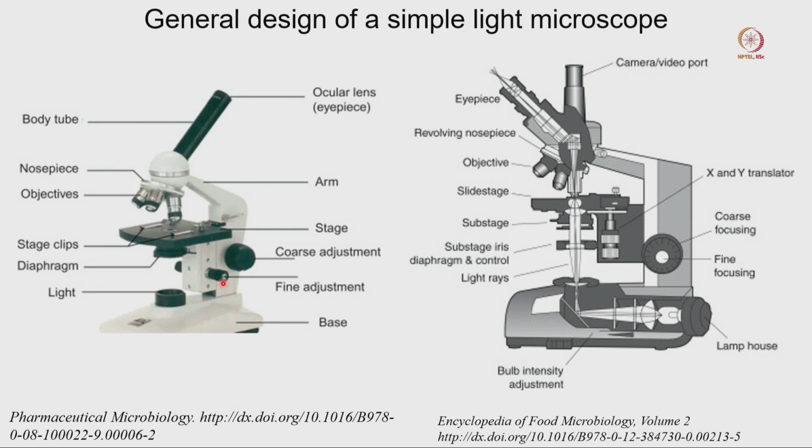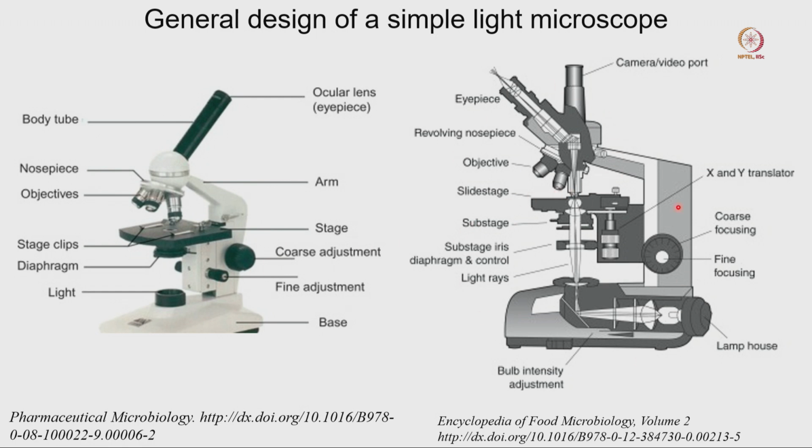This is the arm which is holding the entire system, and the sample will go somewhere here, and this is the light source. Light will come through this one and we can observe the sample here. Now there are two knobs which help us to focus the sample: coarse adjustment and fine adjustment. These are the two knobs which help in focusing the sample.